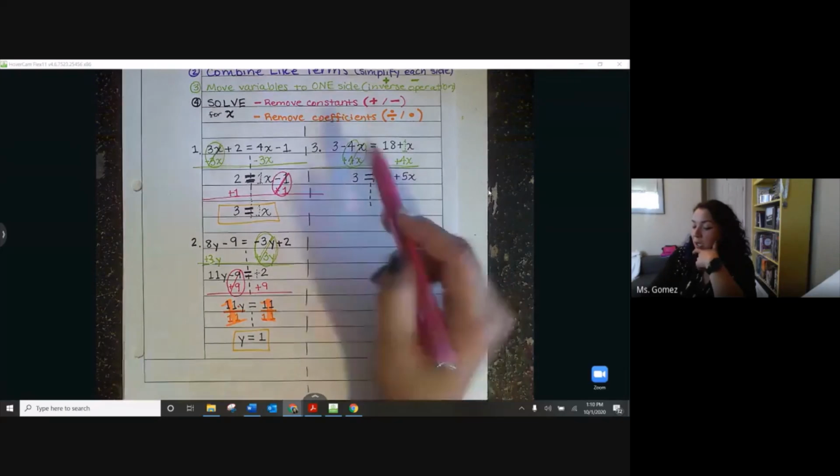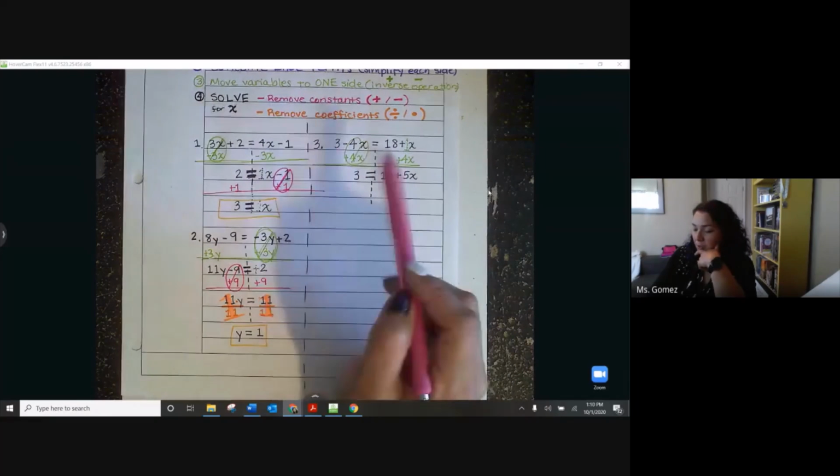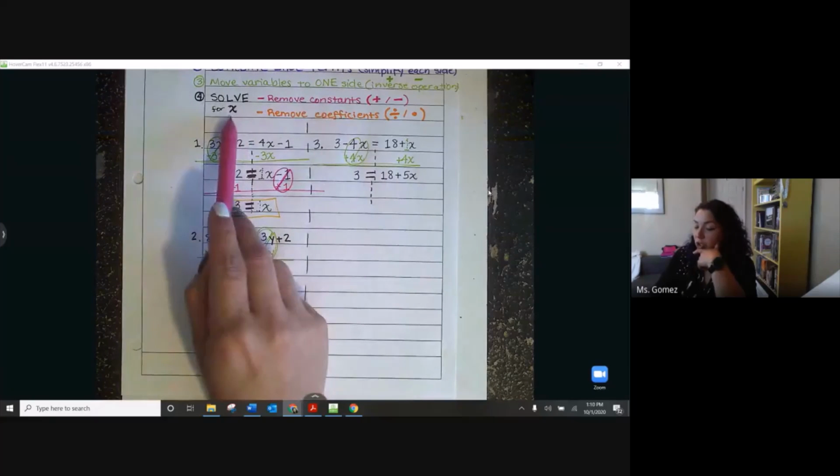So remember, we want to remove the constant that's on the same side with my x.